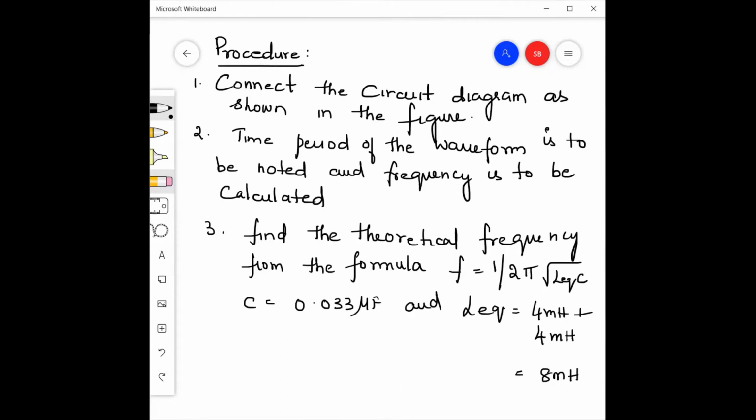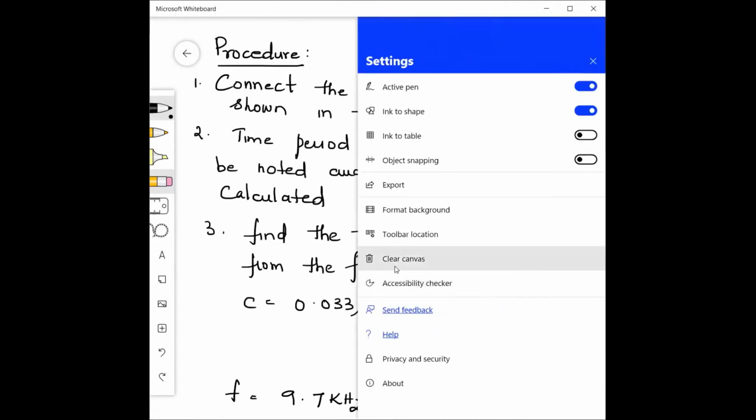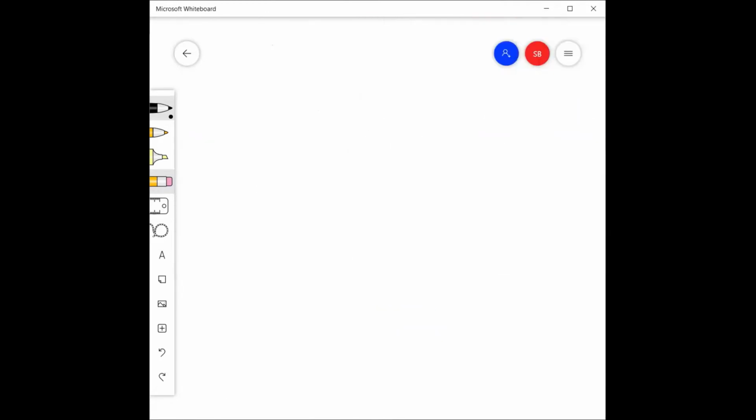By substituting these values, we get 9.7 kilohertz, the theoretical frequency. Now we have to compare this theoretical frequency with the practical frequency.